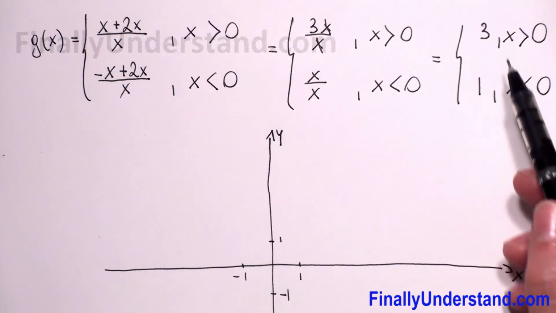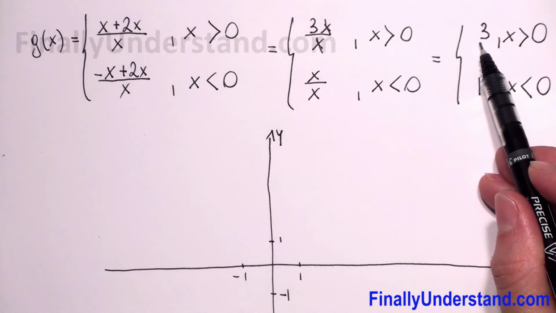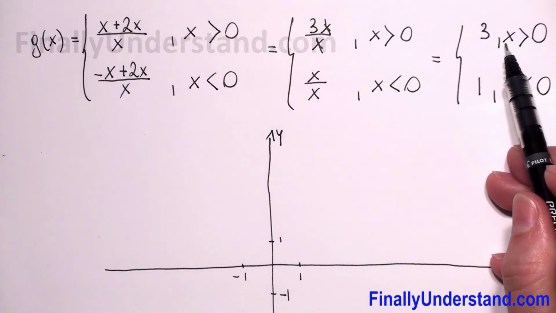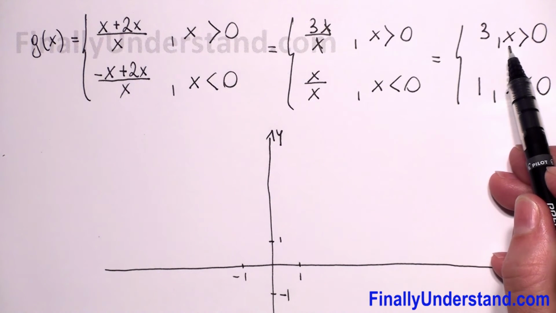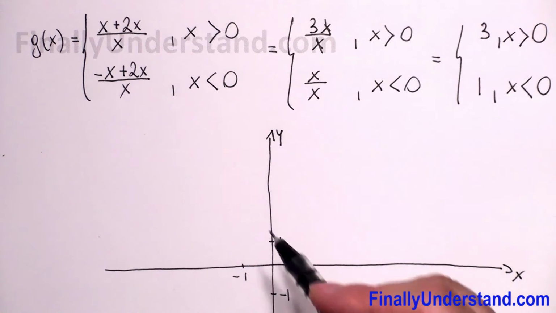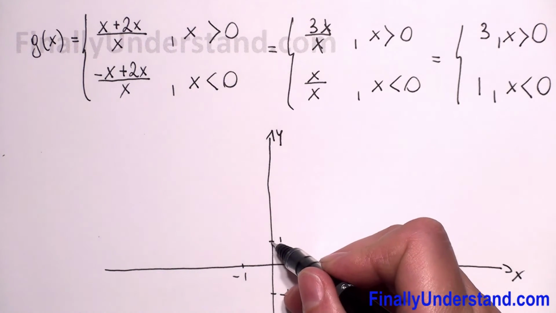And we see that we have constant function g of x equals 3 for every positive x. Positive x, this is this part. And for every this x, we have value 3. So we have to find this value 3.